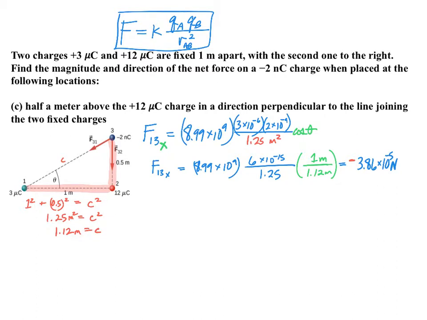I'm going to change that x to green again because that's what we should have done. That's pretty lousy. Let's fix that. Which means I have to have that cosine component. So it's an attractive force towards the 3 microcoulomb charge. Hence to the left, and left is negative, right is positive, up is positive, down is negative.